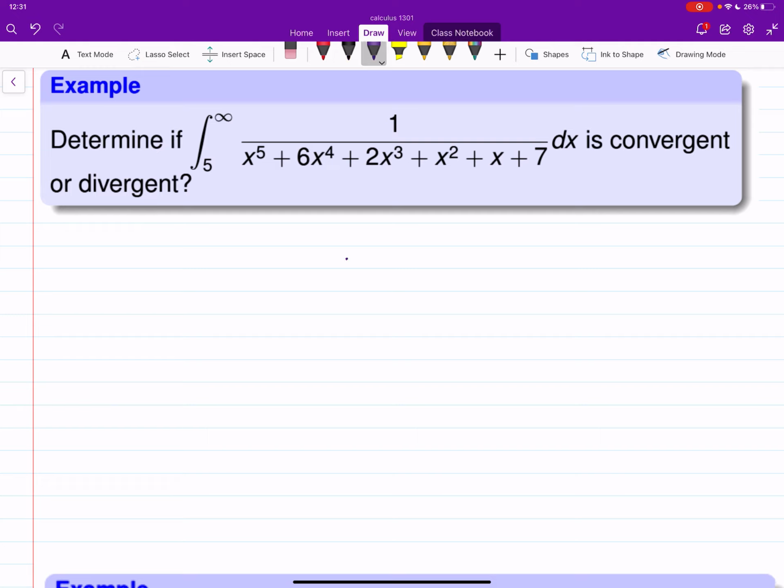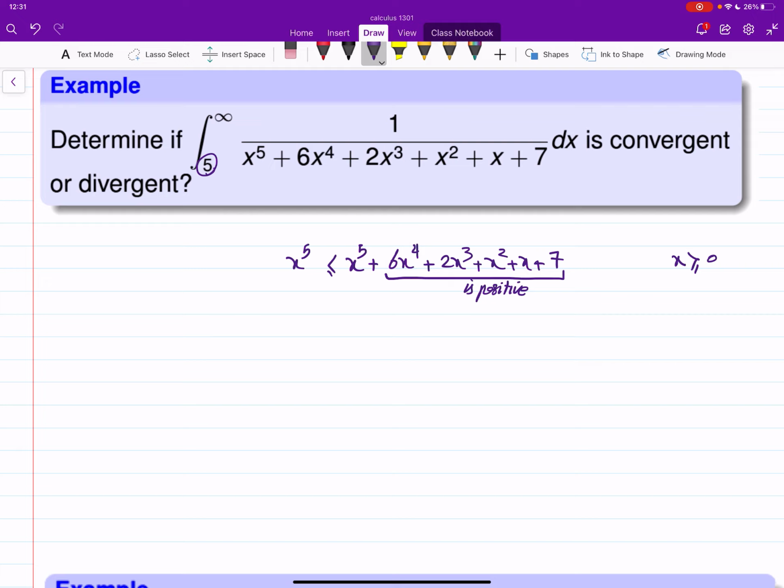But what we can see here is that x to the power 5 plus 6x to the power 4 plus 2x cubed plus x squared plus x plus 7, for all values bigger than or equal to, well, we only need bigger than or equal to 5, this part is always positive. The last term is also positive, but I need to keep the last term, meaning that adding that to x to the power 5 always will get us a bigger number.